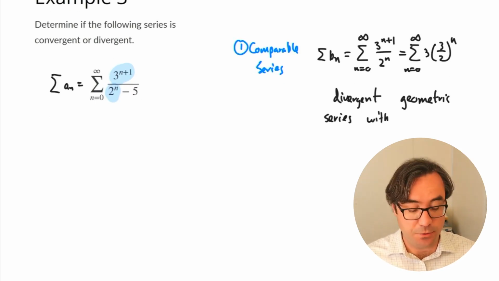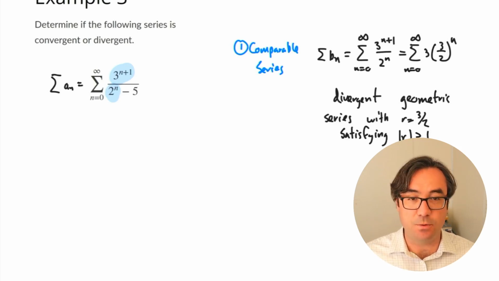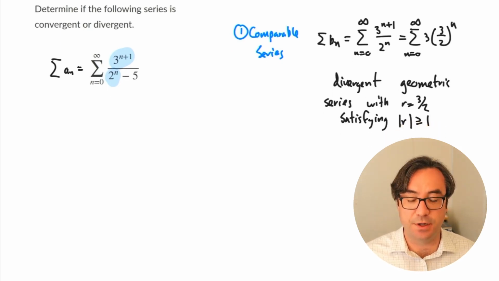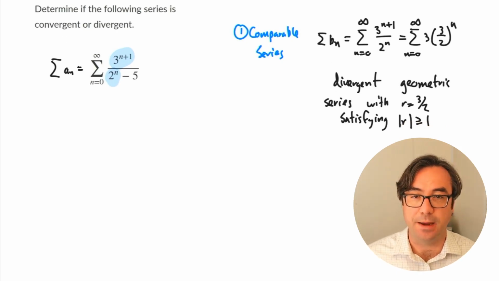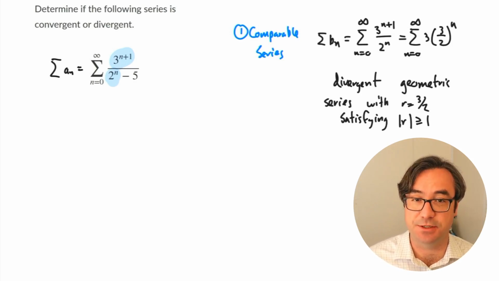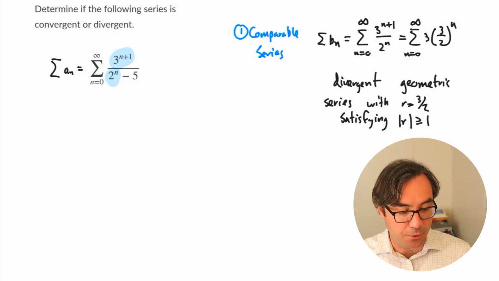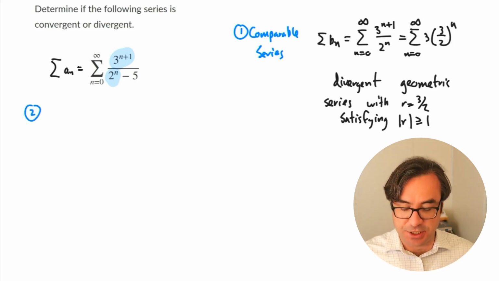Our r value here is 3/2, and for a geometric series, we need the r value to be greater than or equal to 1 in order for it to be divergent. Okay, so we know this comparable series is divergent. All right, so next step, we just want to double check our necessary conditions.